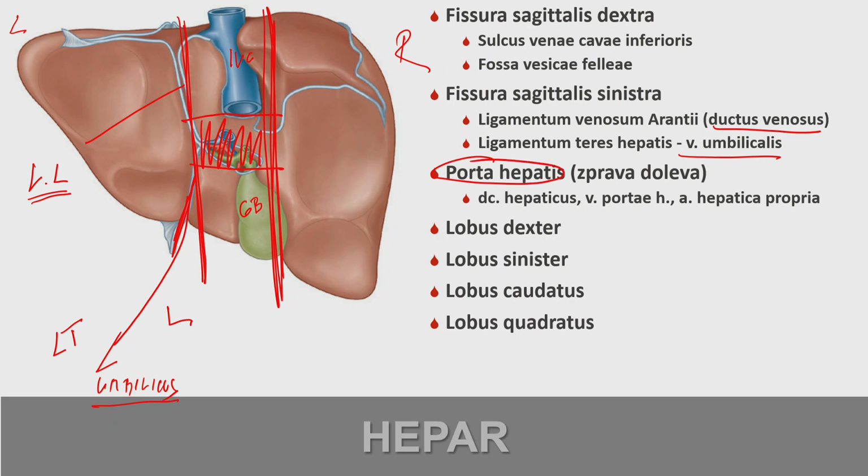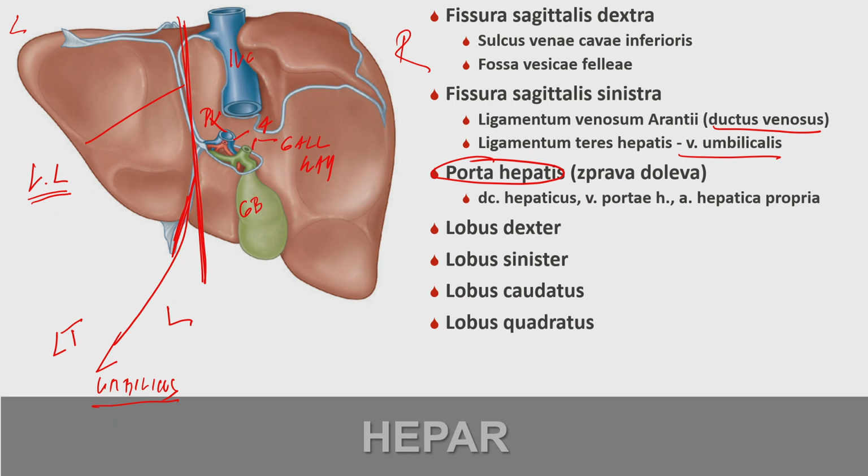The structures there, from right to left, are the gall way, then artery, and then portal vein. So those are three structures which are called portal triad.